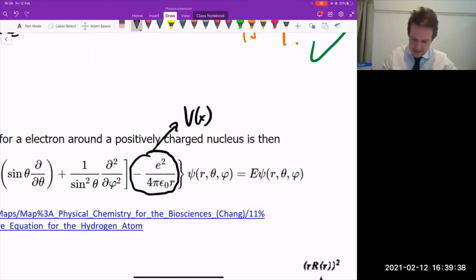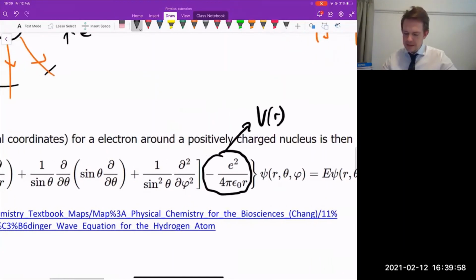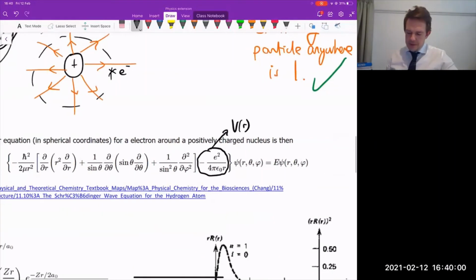That looks familiar, yes? Q squared over 4 pi epsilon naught r, electric potential. So the Vx that you put in, or in this case the Vr, is just the Coulomb potential, because a proton or a nucleus has an electric field around it. So at least that bit looks familiar to you. Now, I'm not going to solve that.